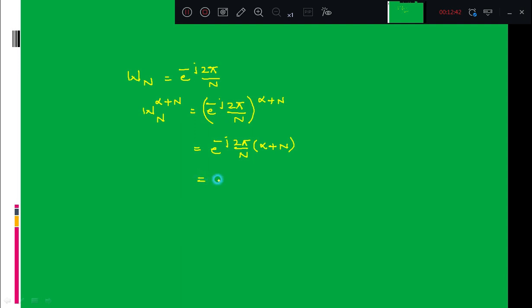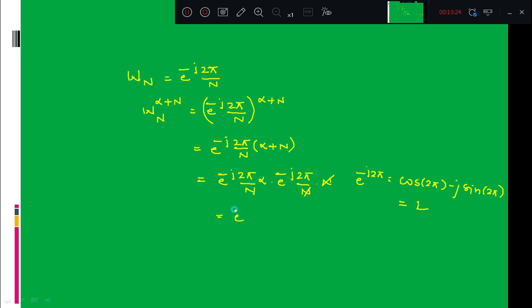So I will open the bracket and multiply each term: α, and e^(−j 2π/N) into N, right? If you see the second exponential quantity, capital N and capital N get cancelled, and this e^(−j 2π) can be written as cos 2π − j sin 2π, and you will get the value equal to 1. Understood?